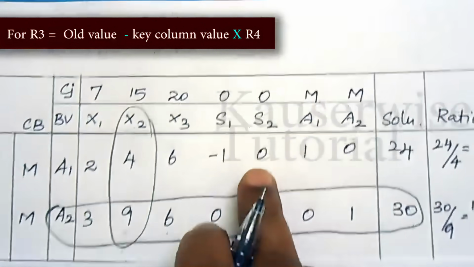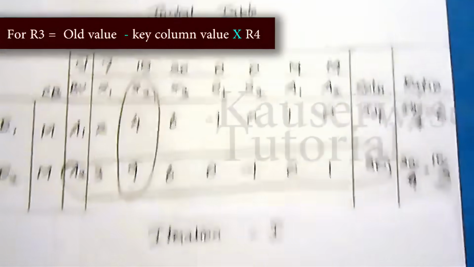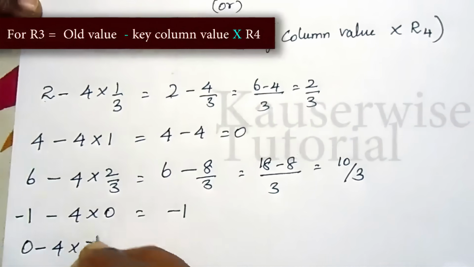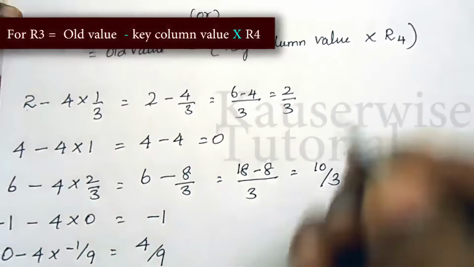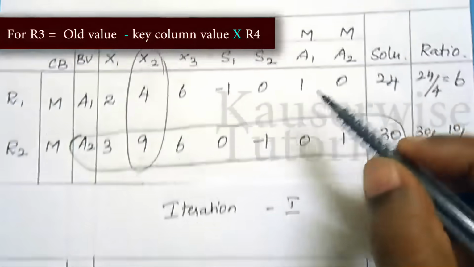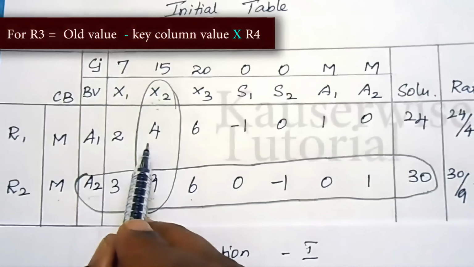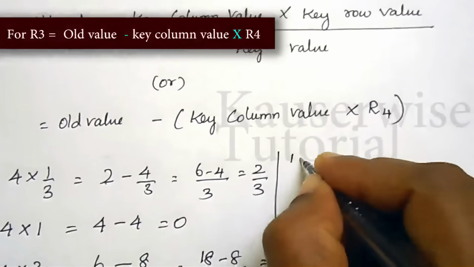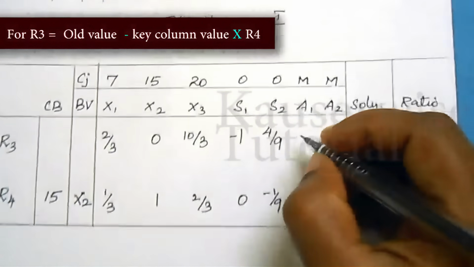For the next value, old value is 0, so 0 minus 4 into minus 1 by 9 is equal to plus 4 by 9. For the next value, old value is 1. 1 minus column value 4 into new row value 0. 1 minus 4 into 0 is equal to 1.